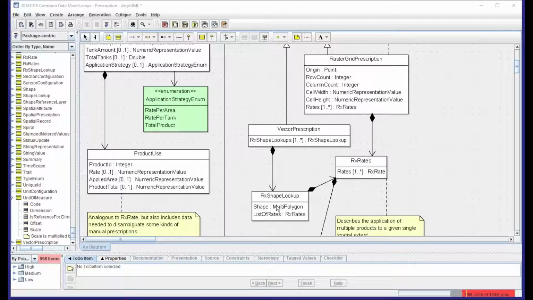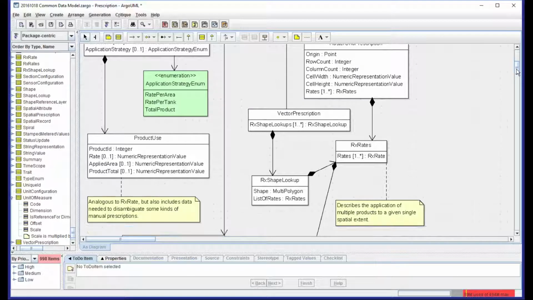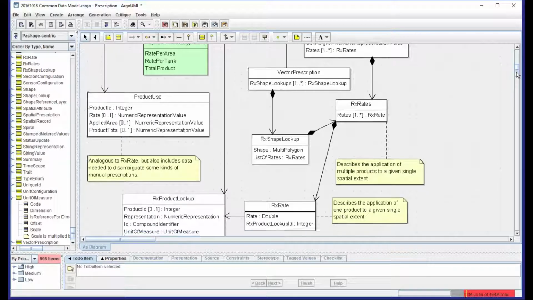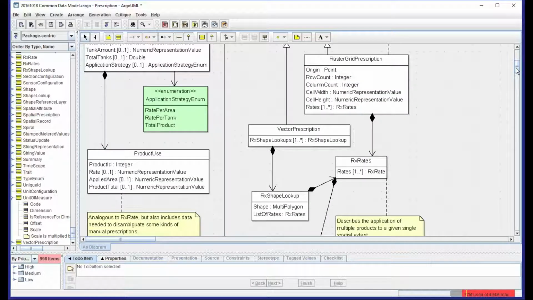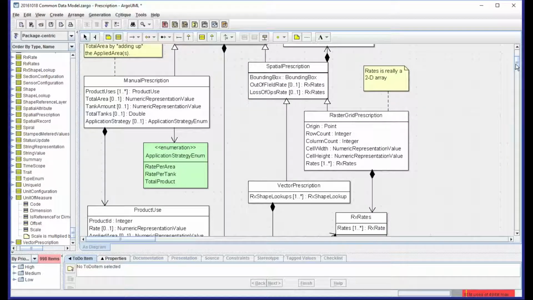Either represent this in the vector prescription through 30 different RX-shaped lookups, each one representing 1 polygon. Or you can do it with 5 multi-polygons, each one of which has multiple polygons within it. Again, enabling different ways of doing this that are found in the industry. That's the complete way of representing a vector prescription.